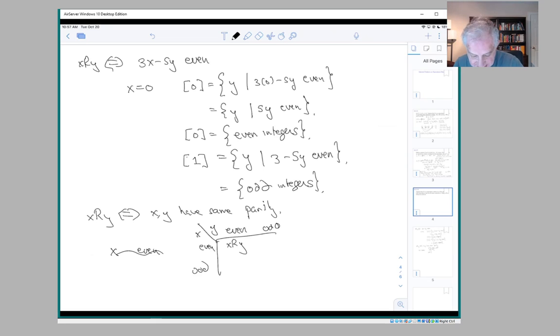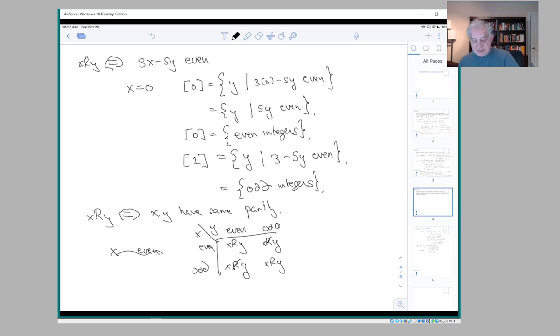If x is even and y is odd, then 3x is even but 5y is odd, so 3x minus 5y is odd, so they're not related to one another. And it's symmetric, and the last case is if they're both odd, and if they're both odd, then 3x is odd and 5y is odd, and so the difference is even, so they are related.